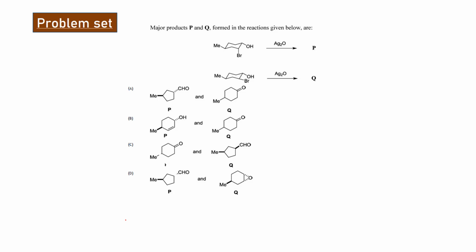Based on the silver catalyst, there are some other silver species that can be used as a Lewis acid, which can coordinate with this halogen and promote the substitution type of reaction. So let's go step by step.